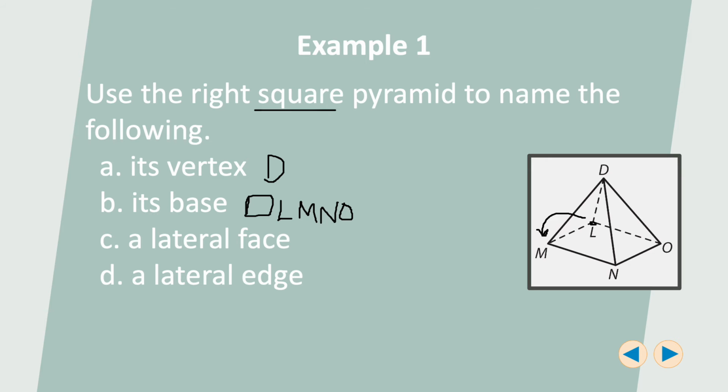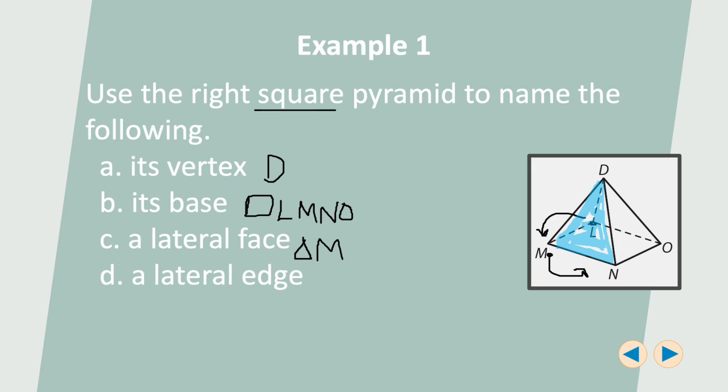Okay, and then a lateral face. There's several. Let's do this one. So here's my lateral face. It's a triangle, a triangular region. I'm going to go ahead and make a triangle here. And then what are the vertices of that triangle? It doesn't matter which point you start at. I guess I could start at M and go this way.